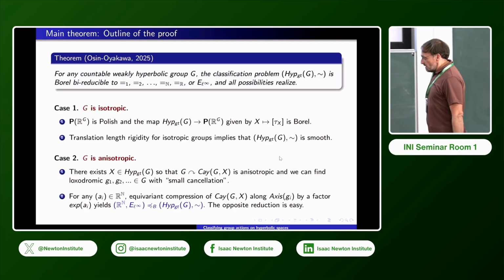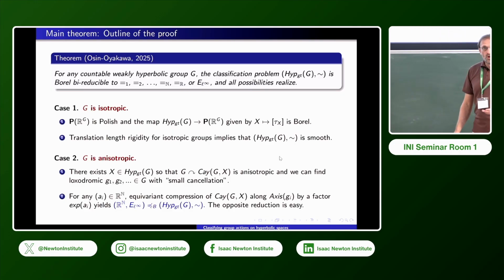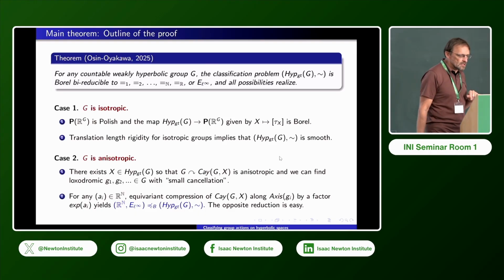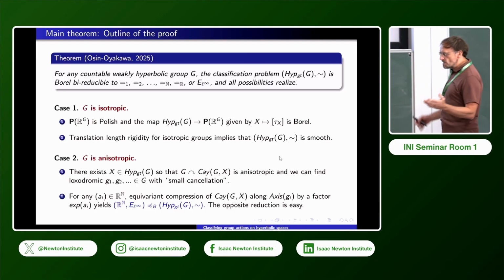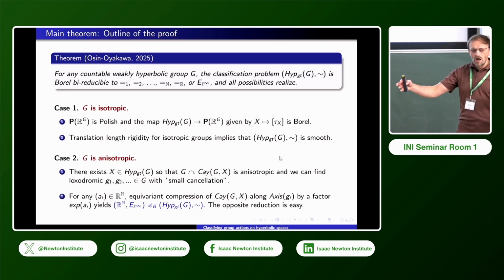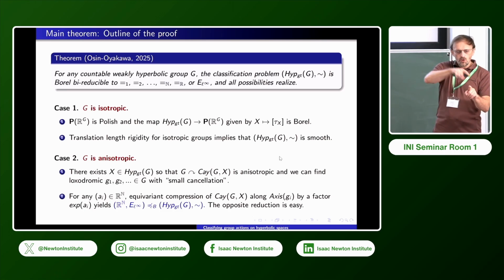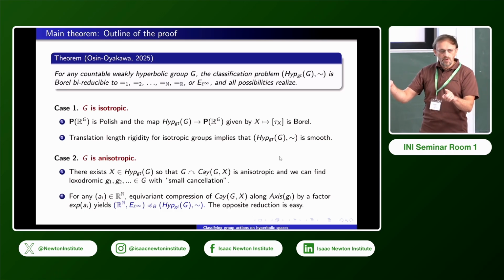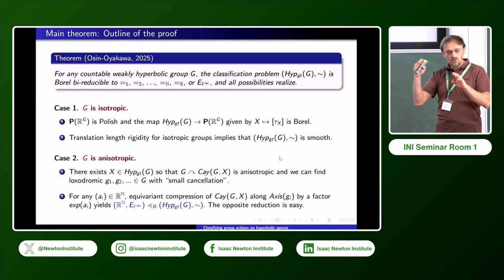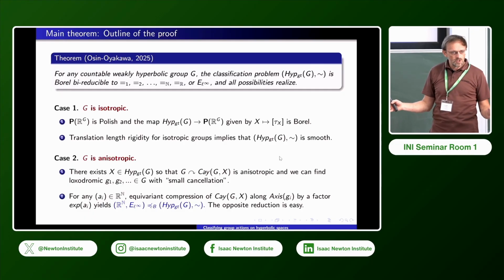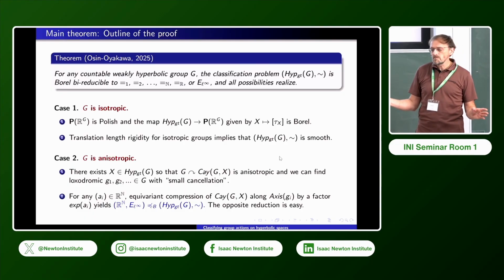Now, what if the group is anisotropic? Well, this situation is more complicated. And it turns out that if my group is anisotropic, first of all, what I know is that there is one general type calligraph for which the action of the group on this calligraph is anisotropic. Then it turns out that we can find infinitely many directions which are independent with respect to the G action.